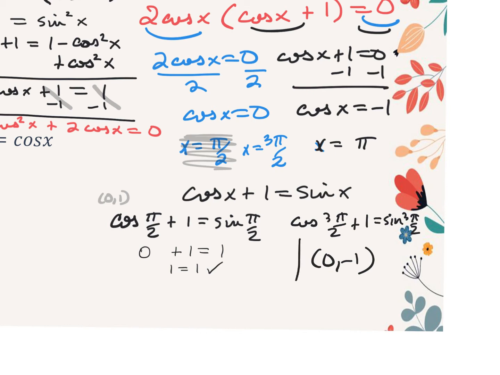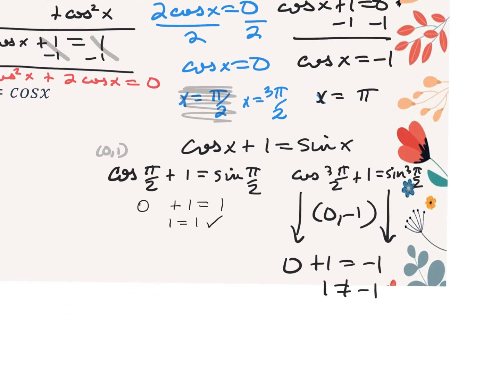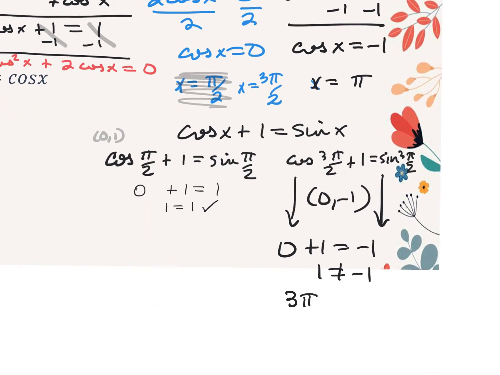Cosine uses the x plus 1. Sine uses the y. 0 plus 1 is 1. 1 is not equal to -1. So 3 pi over 2 is an extraneous solution.